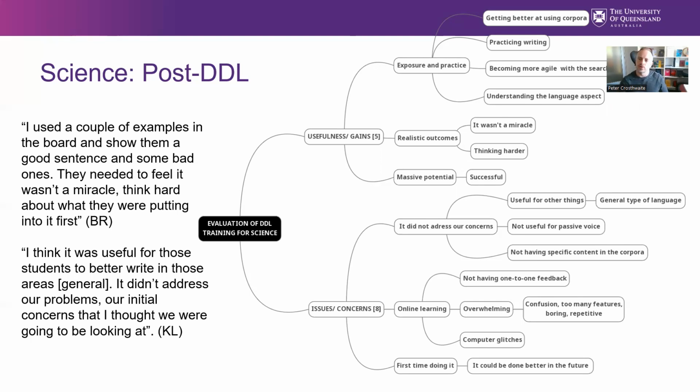They felt that as the students got better with using the corpora and more agile in creating queries and understanding the results, there was a lot of usefulness and a lot of gains to be realized. And their expectations of the outcomes became much more realistic over time.